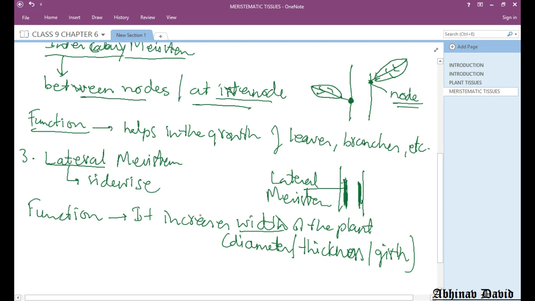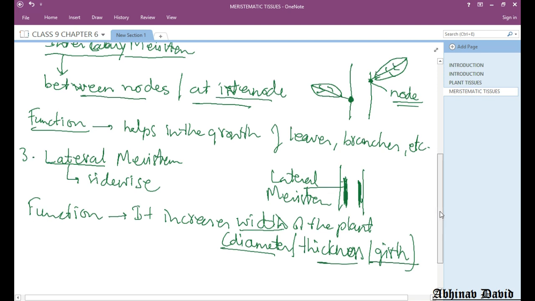So it increases the width of the plant. Width means diameter or thickness or girth. So lateral meristem is responsible for increasing the thickness of the plant.